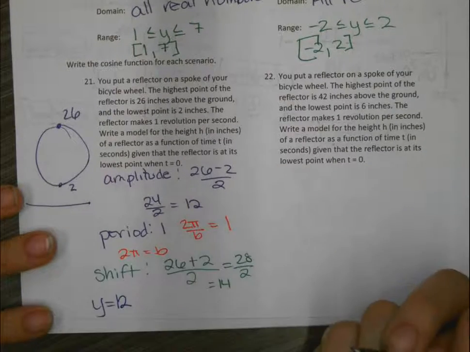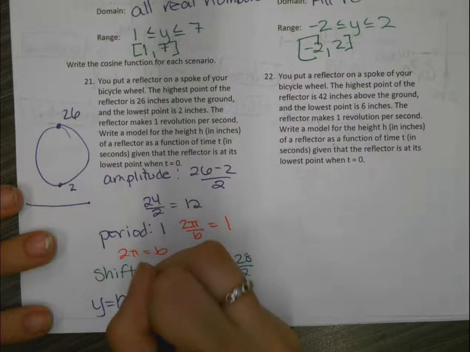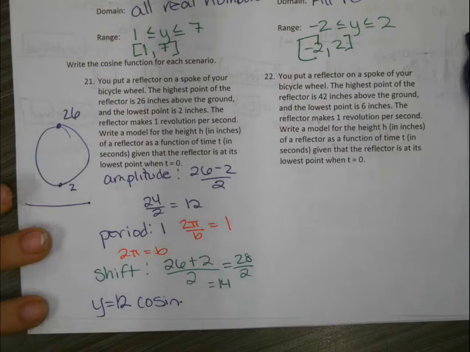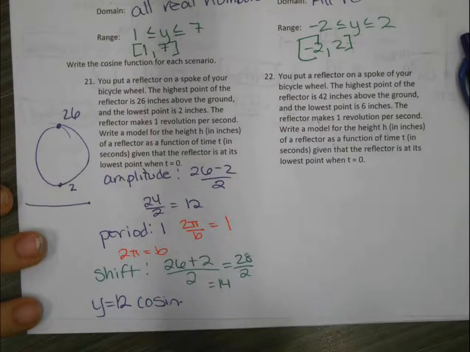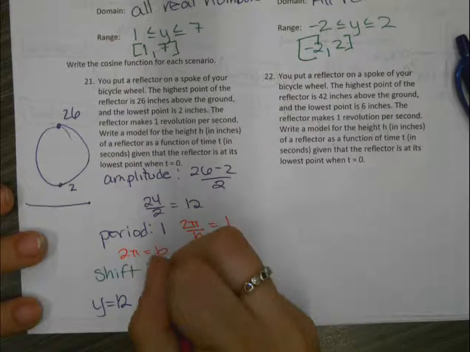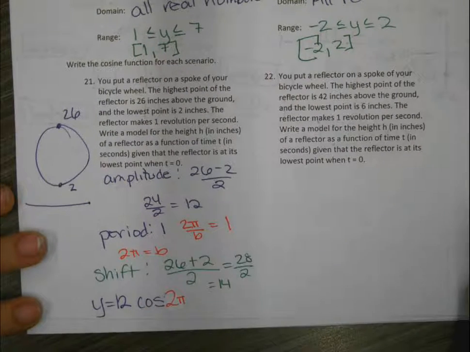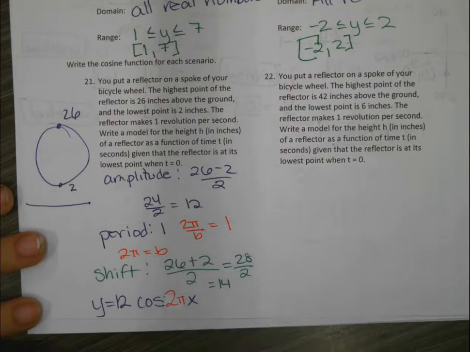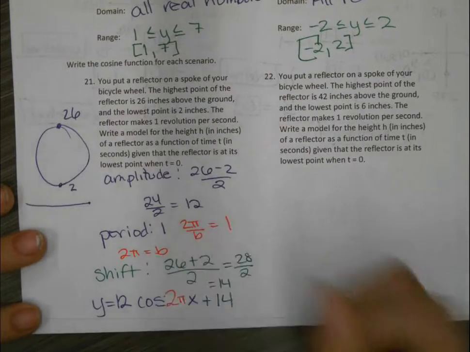The problem told me it's a cosine function, so I'm going to write cosine. My b value is going to be 2 pi, and then I still have the x as part of the equation. And then my shift up is 14, so I write plus 14 at the end.